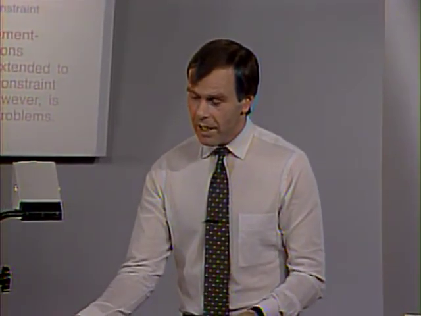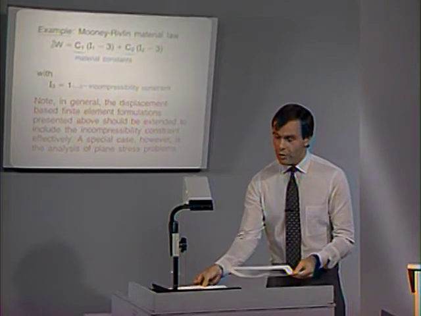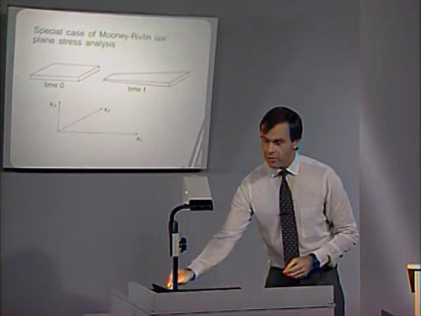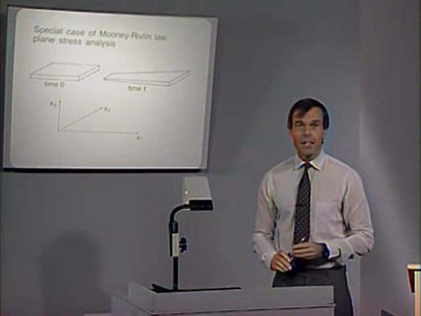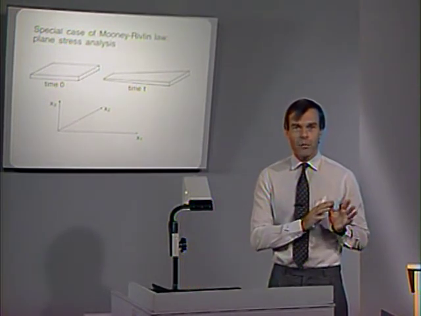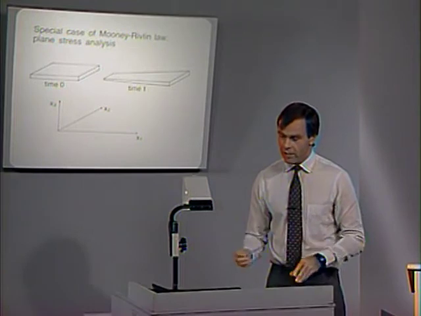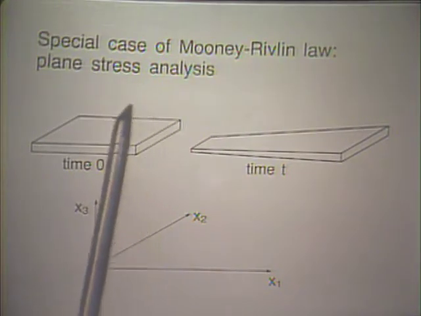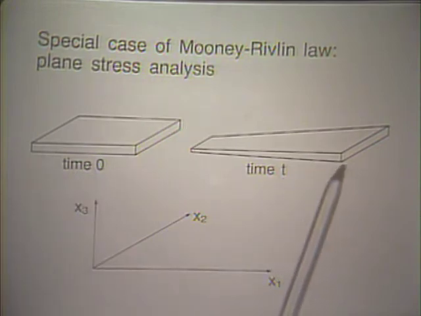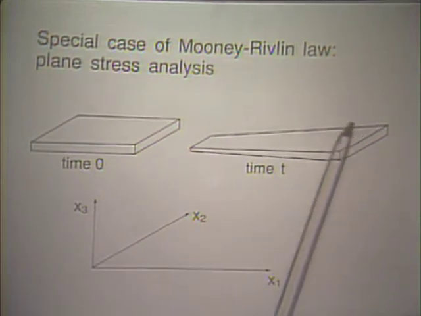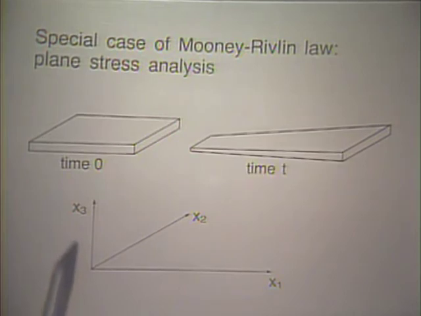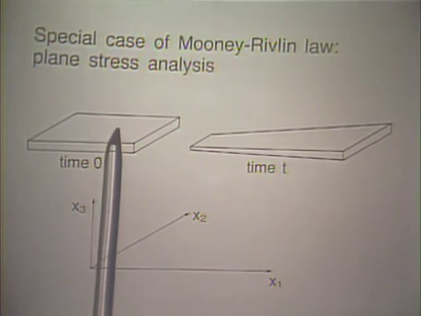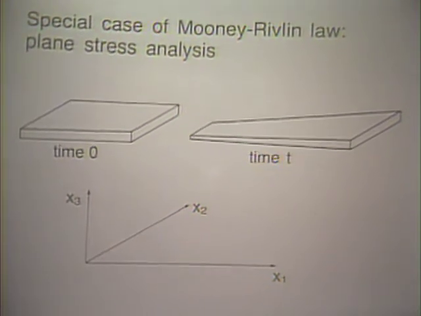Well, we would like to now show how this material law is used in the plane stress case. There we can directly employ the formulation that we discussed in the earlier lectures. At time 0, for example, we would have a piece of material as shown here. At time t, this piece of material has deformed as shown here. Notice plane stress, of course, means stress is 0 through the thickness.